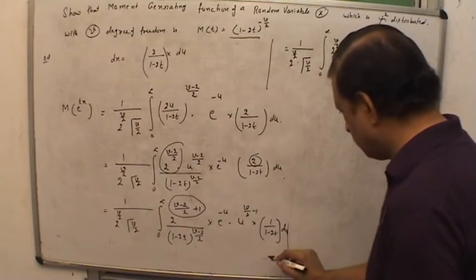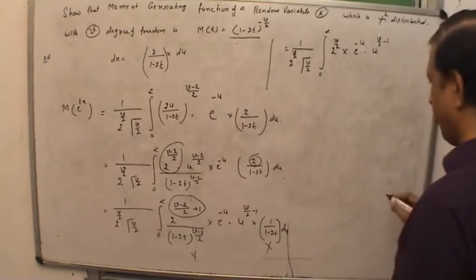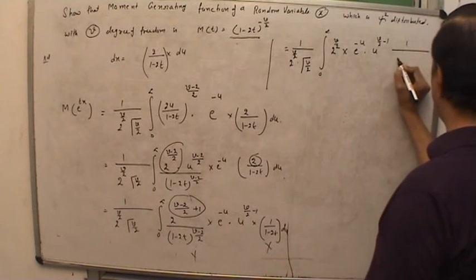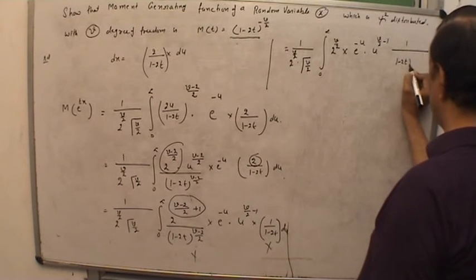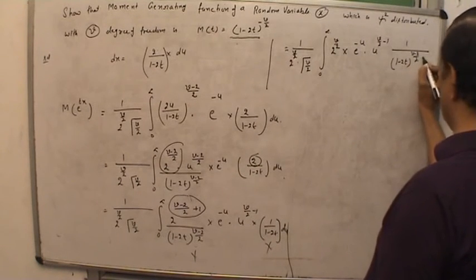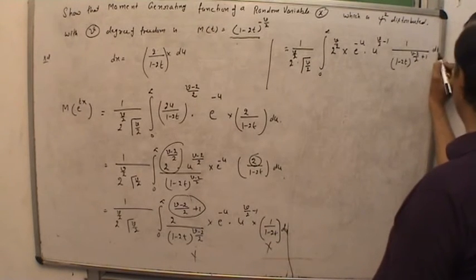Now both these factors will become 1 upon 1 minus 2t raised to the power v minus 2 divided by 2 plus 1, into du.